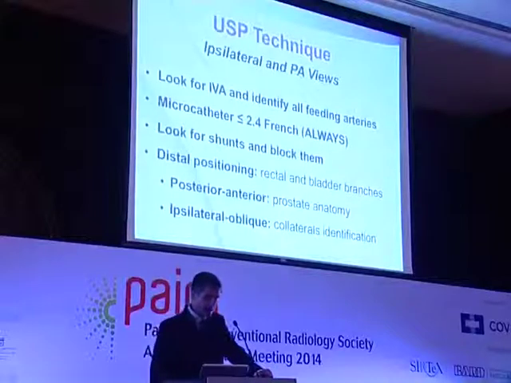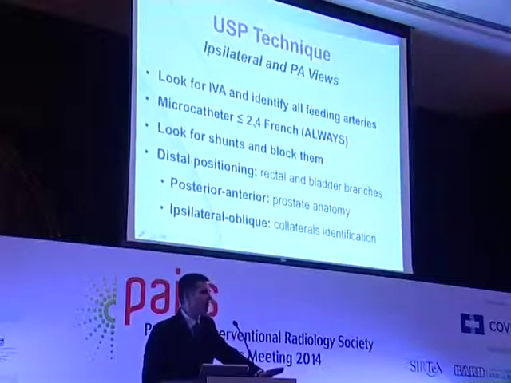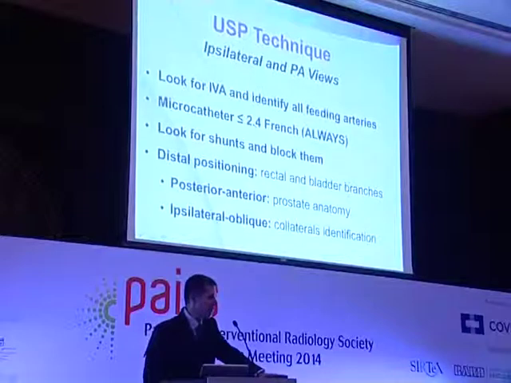So in our technique, we need to use the ipsilateral and posterior anterior views. We need to look for the inferior vesical arteries and try to identify all arteries. We use a microcatheter for every case to avoid complications and to get good results, with very distal positioning of the microcatheter into the gland. We have to get into the gland. We need to look for some shunts and avoid complications.